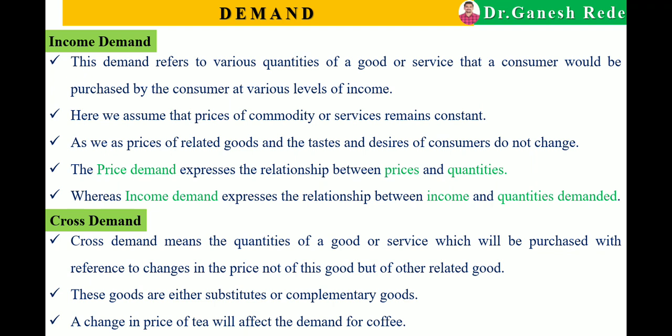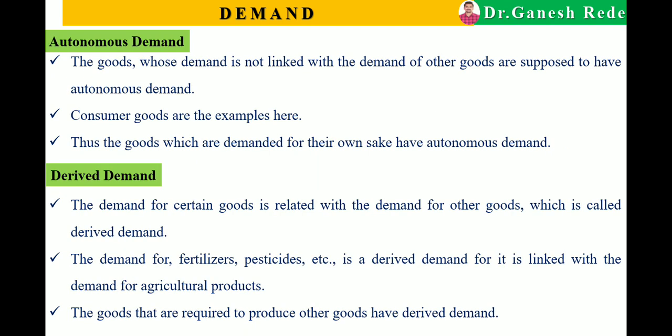When a change in the price of another related good leads to a change in quantity demanded of the first good, it is known as cross demand. These goods are either substitute or complementary goods. A change in the price of tea will affect the demand for coffee. Okay, so this is about cross demand.